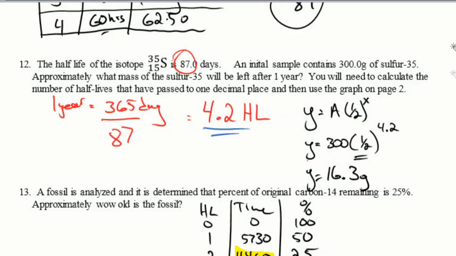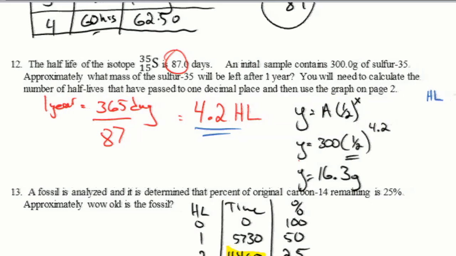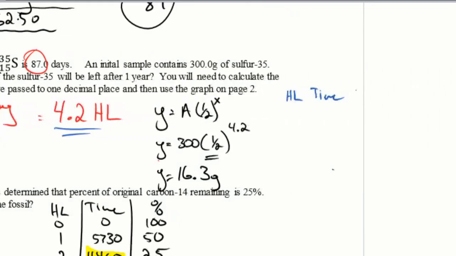Well, let's figure it out in terms of our table, because I love using these tables. So we have half-lives, we have time, and we have the amount. So half-life 0, 0 time has passed. We're starting with 300 grams. After 1 half-life, we're at 87 days, and we're down to 150. After 2 half-lives, what's that, 43.5?